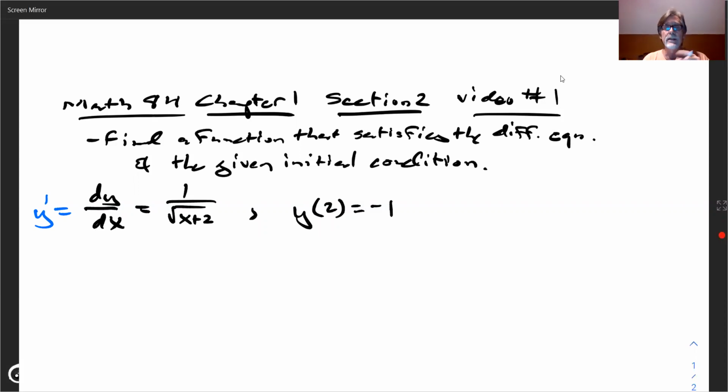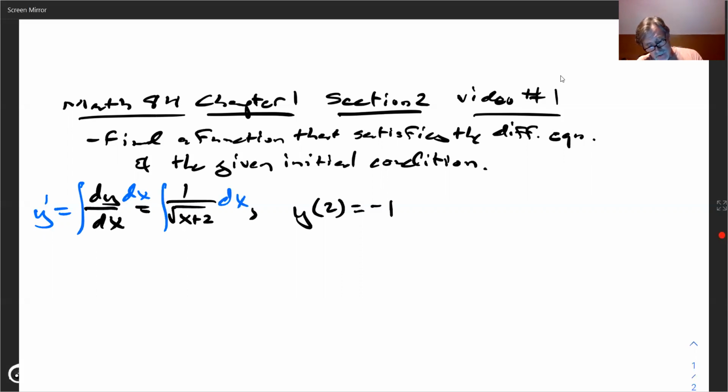So this is actually cool because we can solve a differential equation by taking the derivative equation, I call it, and integrating up to the function level from the derivative level. So that's what we do. We will integrate both sides with respect to x to find y itself.